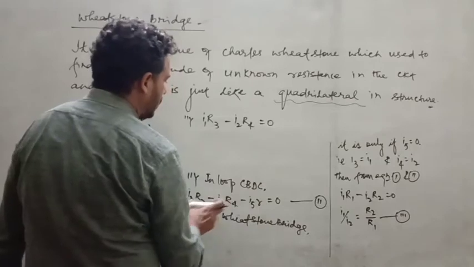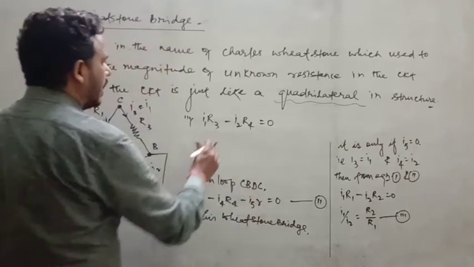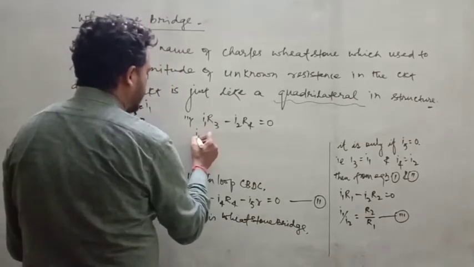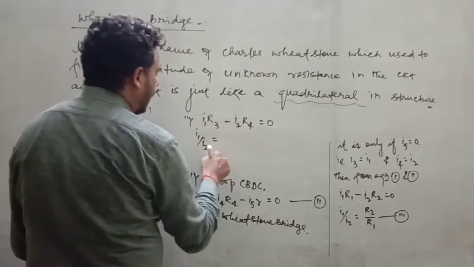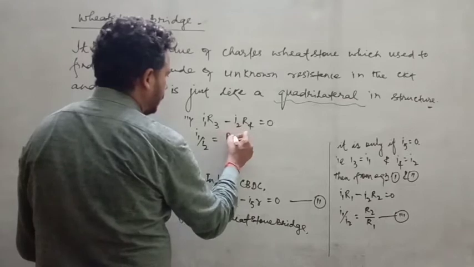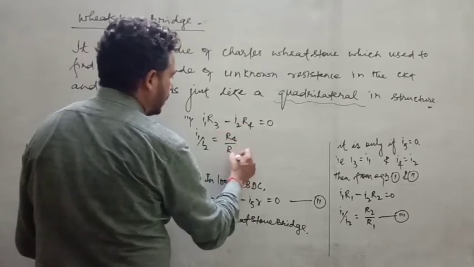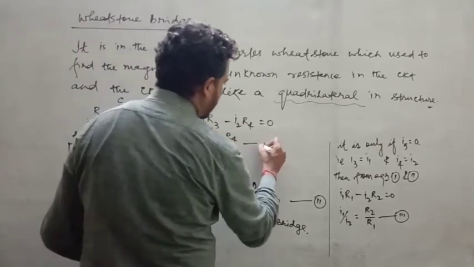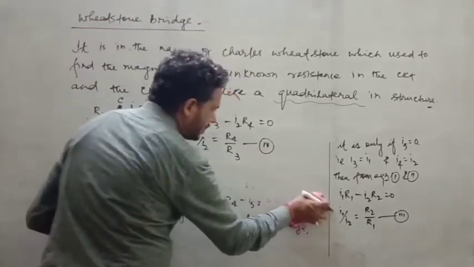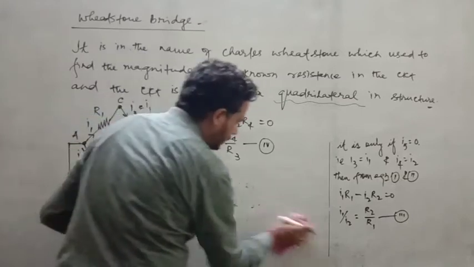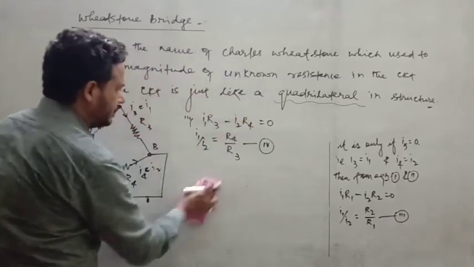So only two factors are there here. And now from here you can find that I1 by I2 is equal to R4 by R3. Another equation. Okay.